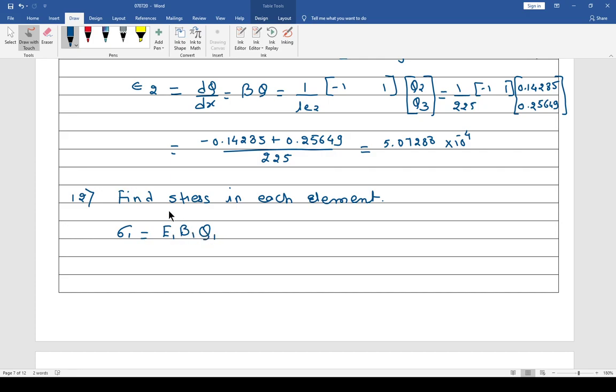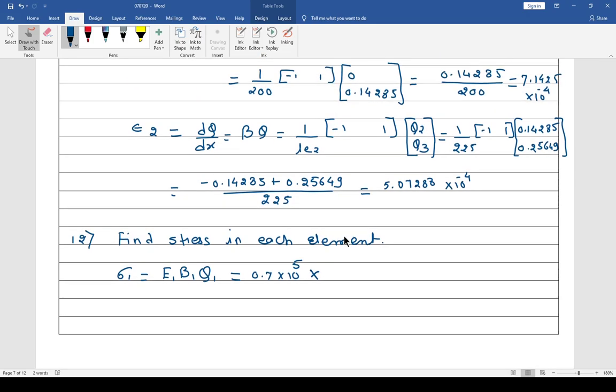This formula is also derived, that is modulus of elasticity into strain. The modulus of elasticity is 0.7 into 10 to the power 5, and I just calculated B1 into Q1, so I will readily use those values, 7.1425 into 10 to the power minus 4.